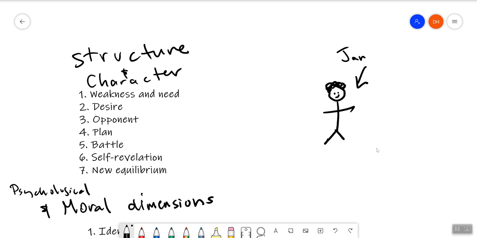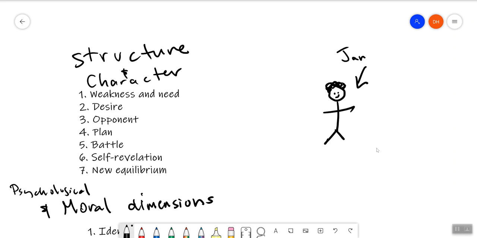Maybe, for example, Jan grew up in a crime family. Okay, so her psychological normal is that crime is okay, because crime is what her father and mother did to provide for the kids. So now that upbringing, that psychological need, creates moral effects.